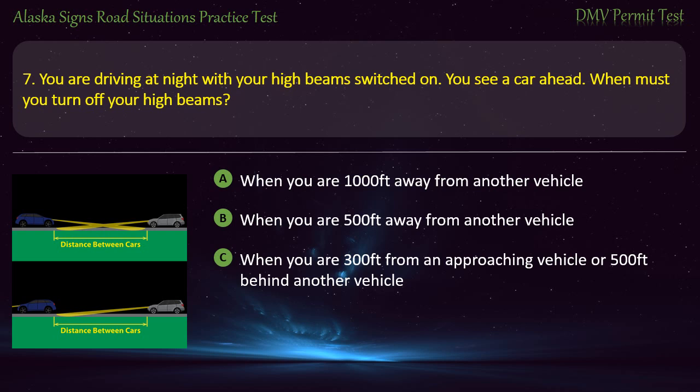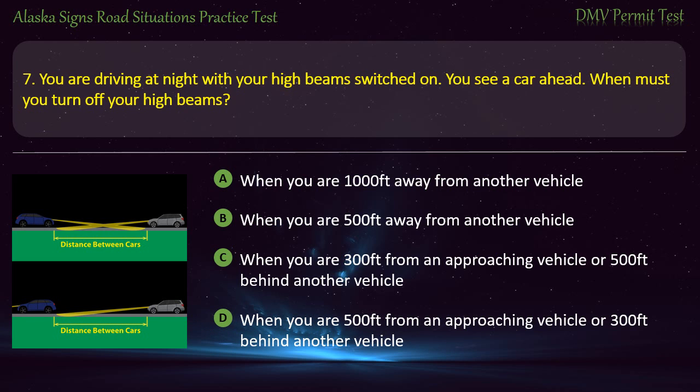When you are 300 feet from an approaching vehicle or 500 feet behind another vehicle. When you are 500 feet from an approaching vehicle or 300 feet behind another vehicle. Answer. When you are 500 feet from an approaching vehicle or 300 feet behind another vehicle.